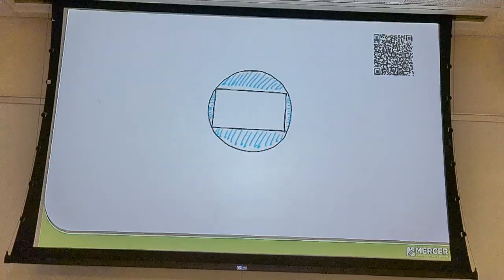Take the area of the circle and the rectangle and subtract the area of the square. Sorry, just the area of the circle minus the area of the rectangle.